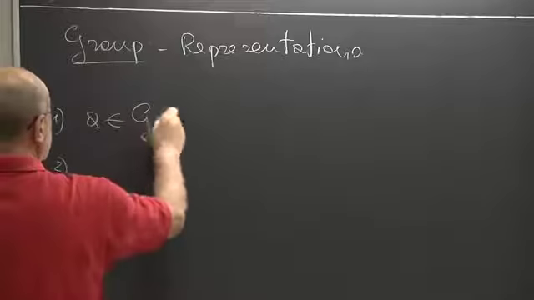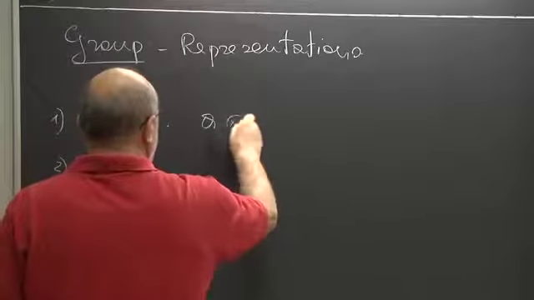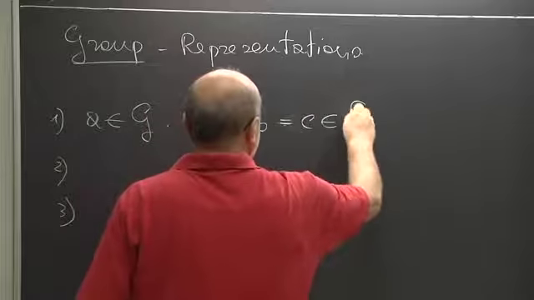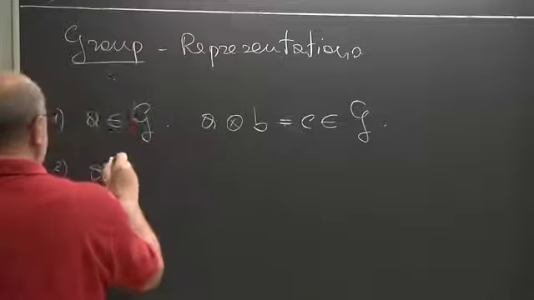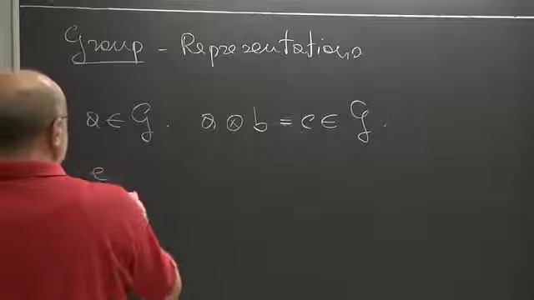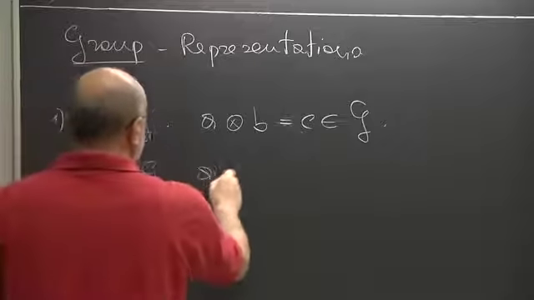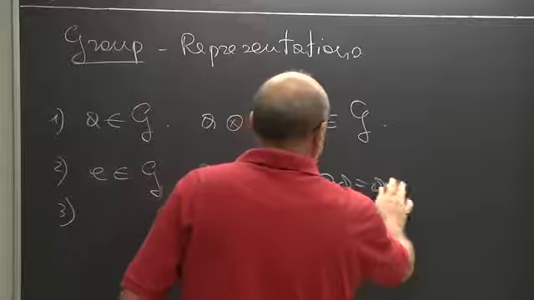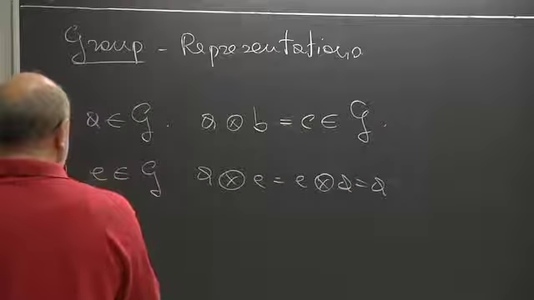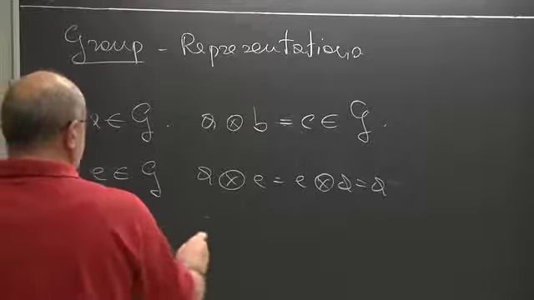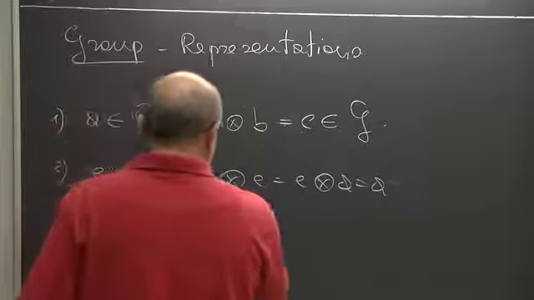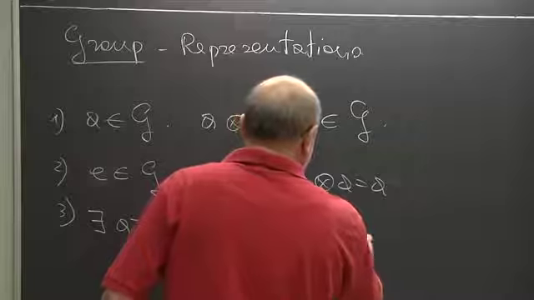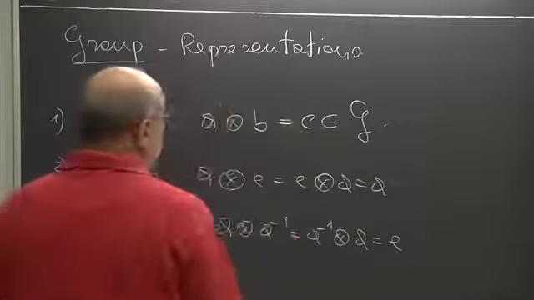It's a set of elements that have an operation defined between the elements such that the result of this operation is still an element belonging to the group, and there is a neutral or identity element E belonging to the group such that A times E is equal to E times A and is equal to A. And then for each element there exists an inverse element belonging to G such that A times A minus 1 is equal to A minus 1 times A is equal to the identity. These are the three properties.